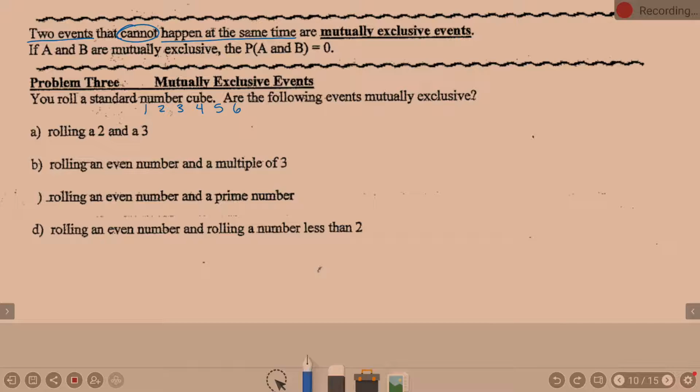So this is rolling a standard number cube once. Can we roll a die and get a 2 and a 3 at the same time? No. So what does that mean? These cannot happen at the same time, so they are mutually exclusive.